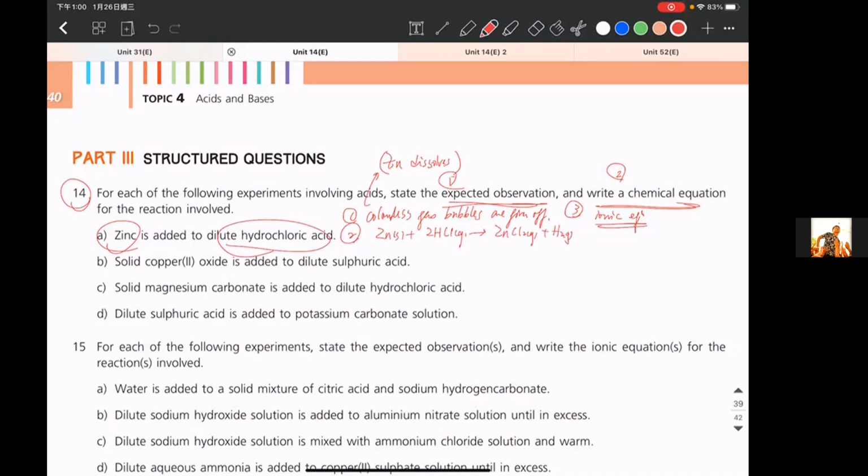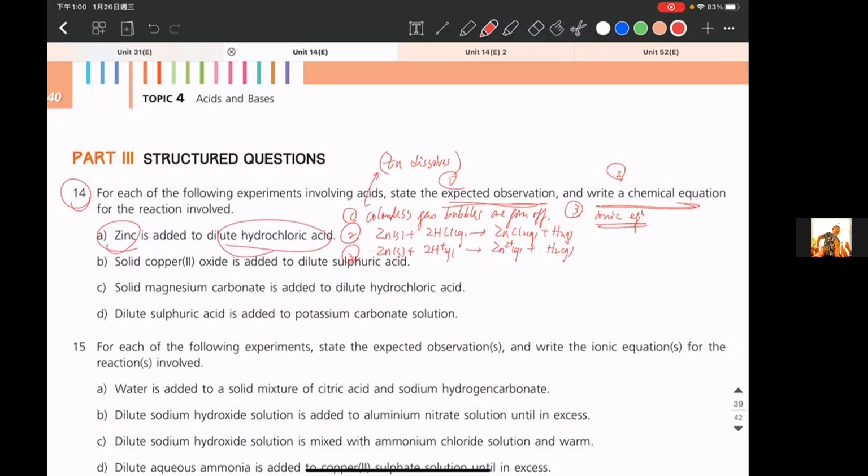How about the ionic equation? As said before, no matter what acid it is, what is the ion? That should be shown. 2H+. Yes, still hydrogen ion, to form zinc 2+ and hydrogen gas. So this is the ionic equation.